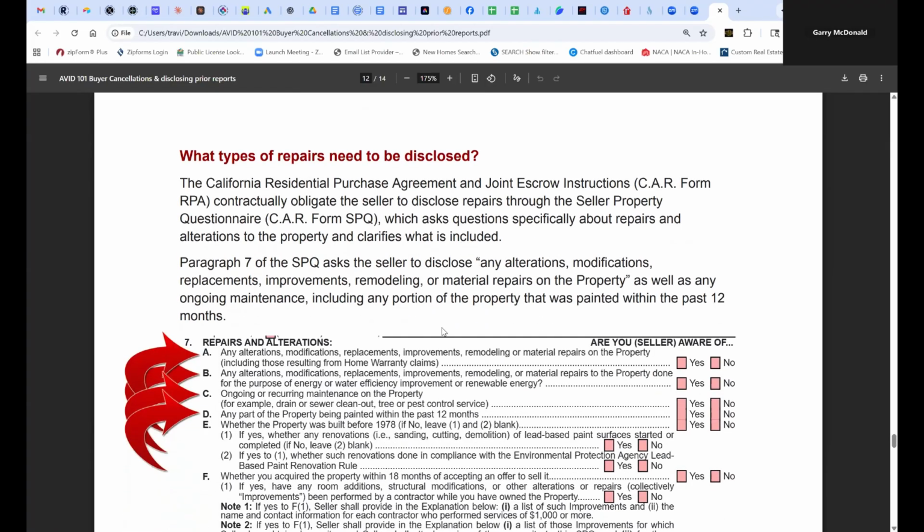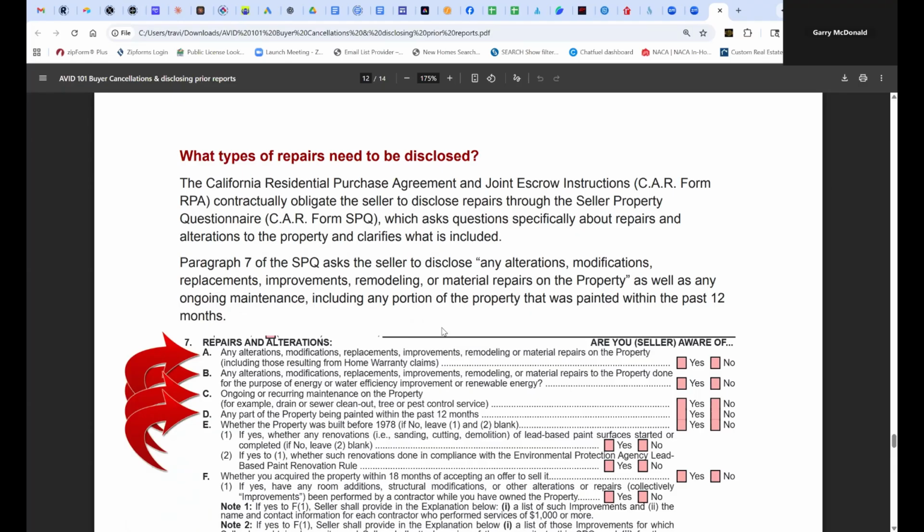What types of repairs need to be disclosed? So the RPA contractually obligates the seller to disclose repairs through the Seller Property Questionnaire, the SPQ, which asks questions specifically about repairs and alterations to the property and clarifies what is included.